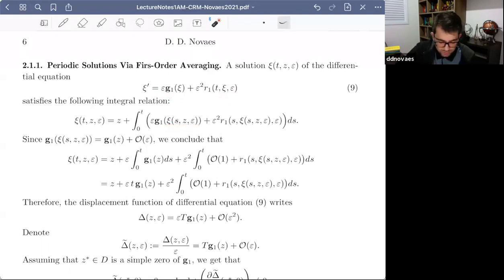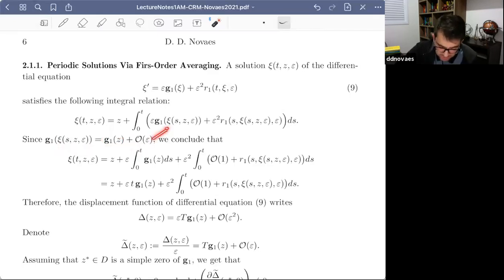So this is equal to the integral between 0 and t of epsilon g1 of the solution plus epsilon squared r1 of the solution. Using that g1 evaluated at the solution is equal to g1(z) plus order epsilon, this is again a Taylor expansion of this function around epsilon equals 0.